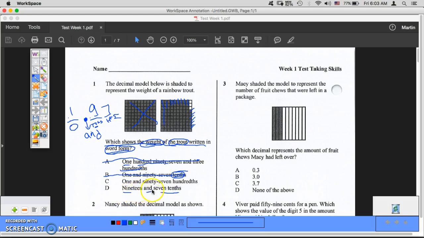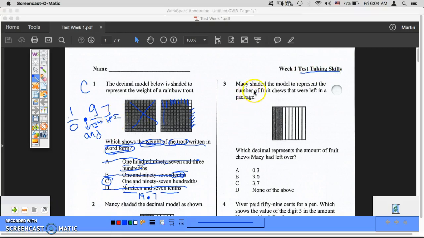Nope. 19 and 7 tenths will look like this. That's what that letter is telling me. Nope, that's not letter D. So my only answer is going to be letter C. 1 and 97 hundredths. Letter next to the number, and be sure you bubble in it on your Scantron where it says test taking skills, number 1.